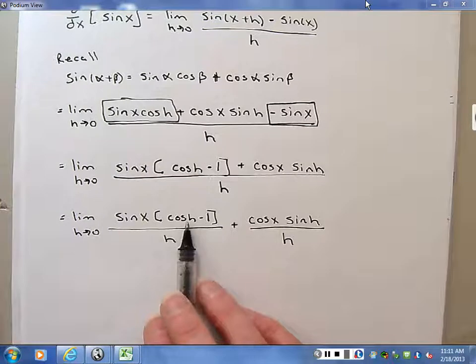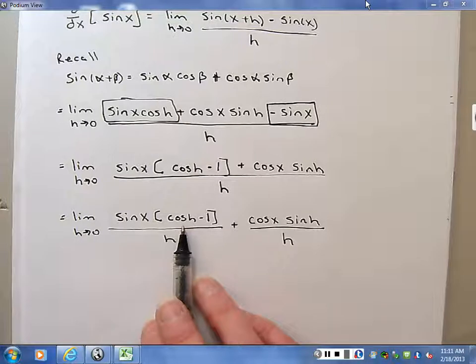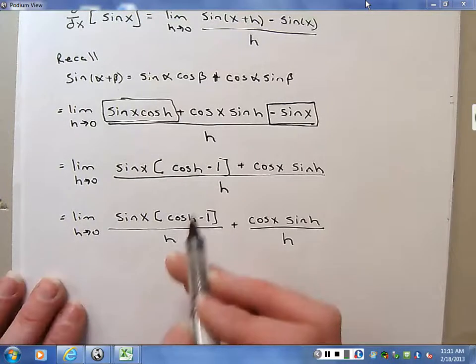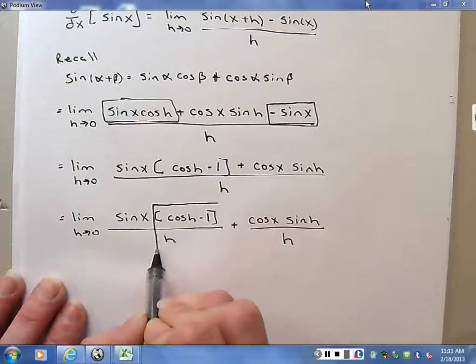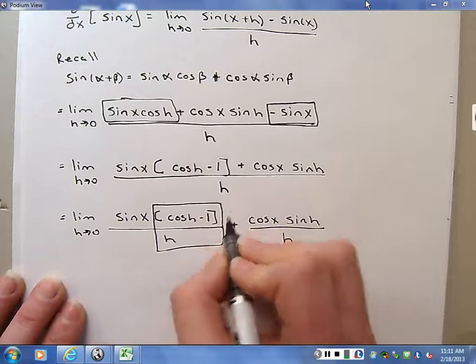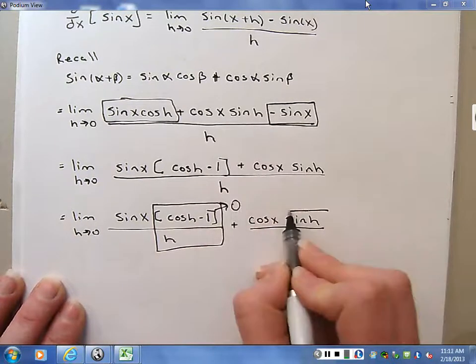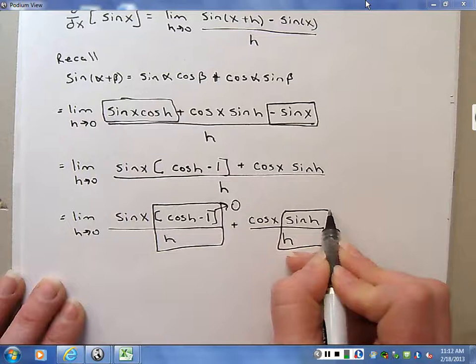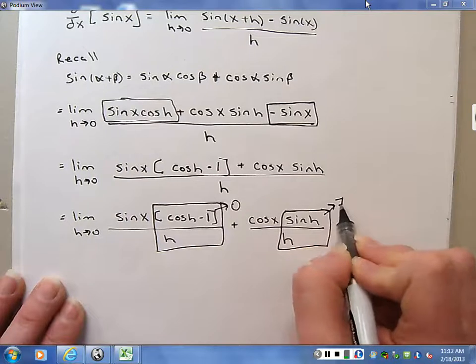So is it 1 minus cosine of, or cosine of h minus 1 over h? 1 minus cosine of h over h. That goes to 0, right? I know the limit as h goes to 0, this goes to 0. And here, I know this goes to 1. Right?